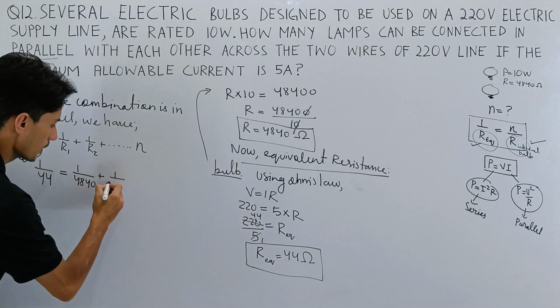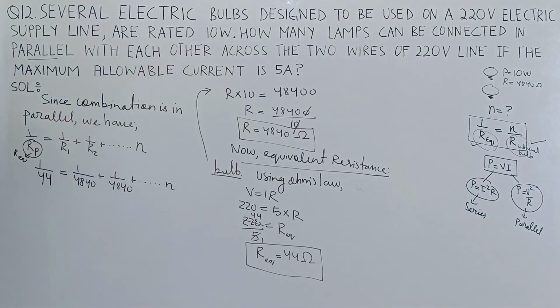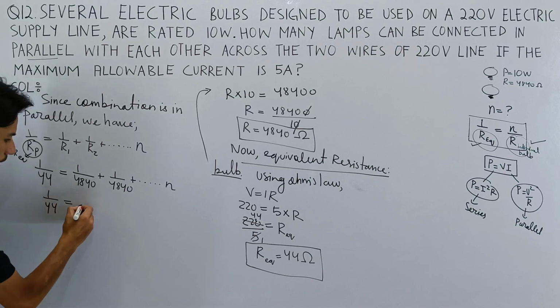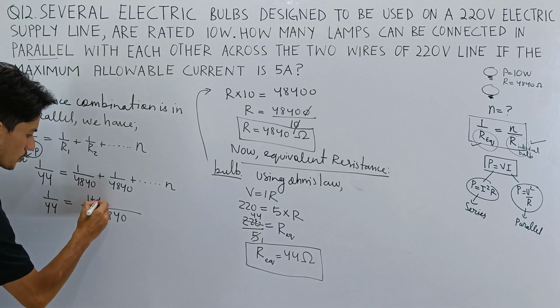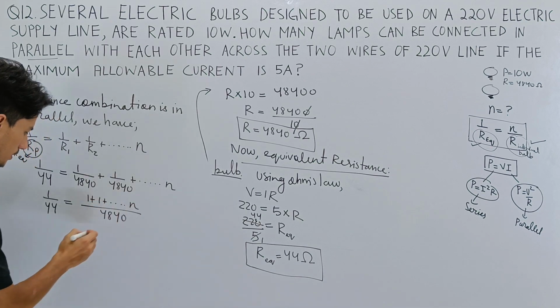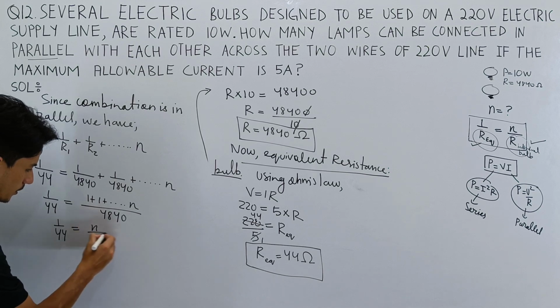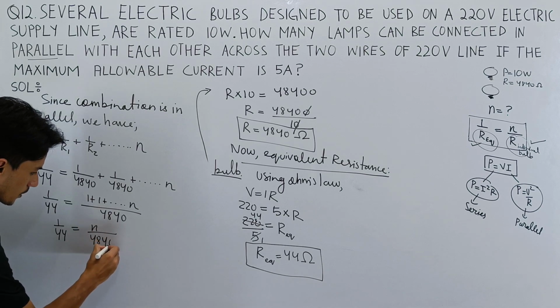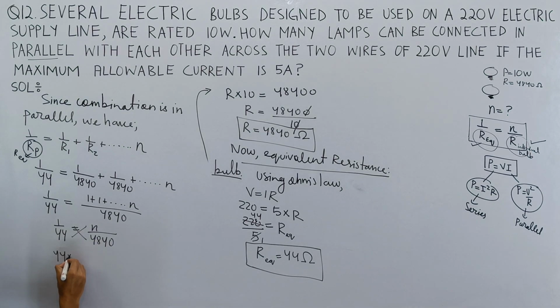So 1 by 4840 plus 1 by 4840 plus, it goes on till N. So 1 by 44 is here, and then taking the LCM gives you 4840, and here you get 1 plus 1 plus, it goes on till N. So 1 by 44 is equal to, this will give you N, and this will give you 4840. So cross multiplication, it will be 44 into n equal to 4840.